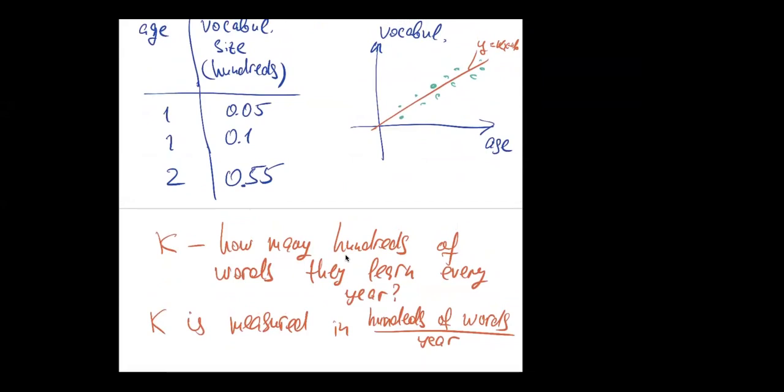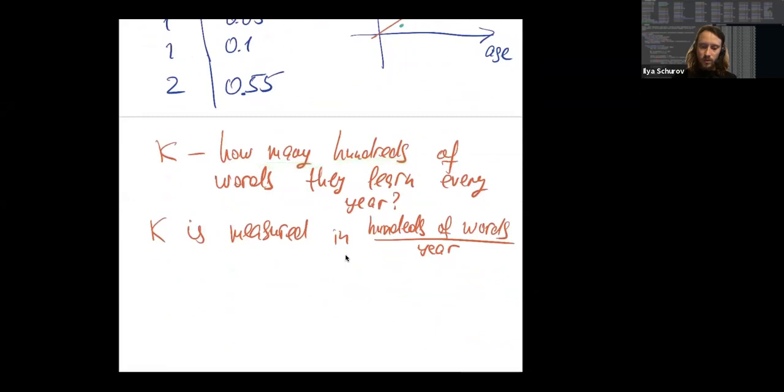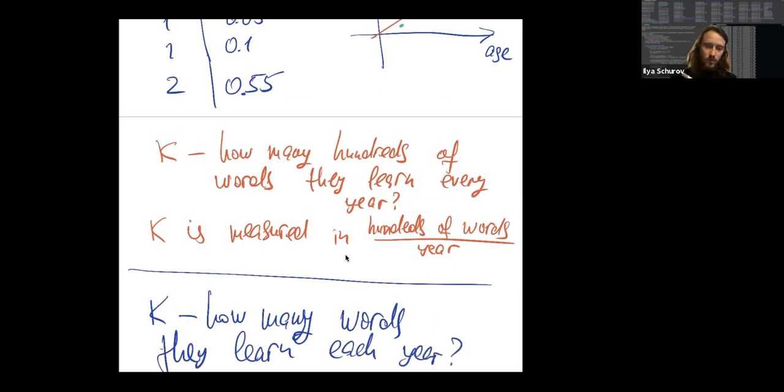Okay. Just think about this question. Think that you have two k's. One k is how many words they learn each year. And another k, let me denote it by k with tilde, is the answer for this question.